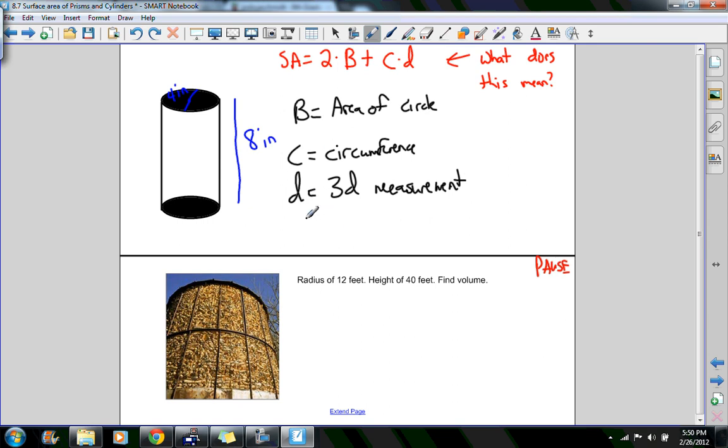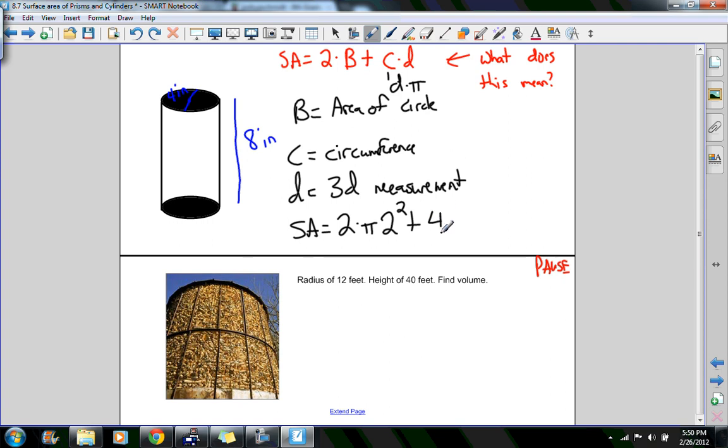So, in order to do the formula, surface area is equal to 2 times pi r squared. Well, r is going to be 2, so 2 times pi times 2 squared, plus the circumference of the circle is going to be, circumference is always going to be 2 pi r, or d times pi.